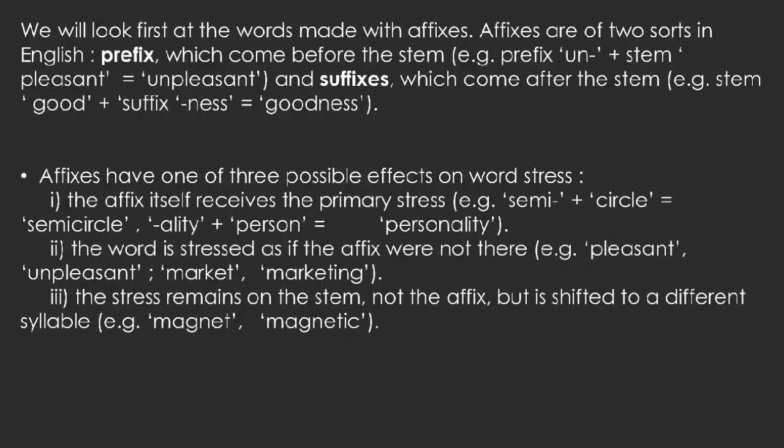Affixes have one of three possible effects on word stress. First, the affix itself receives the primary stress. Example, semi plus circle, semicircle; ity plus person, personality. Two, the word is stressed as if the affix were not there.